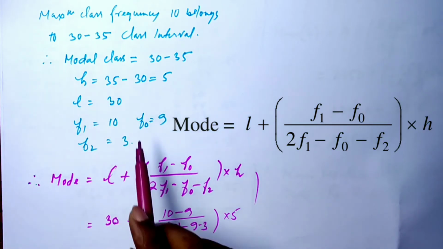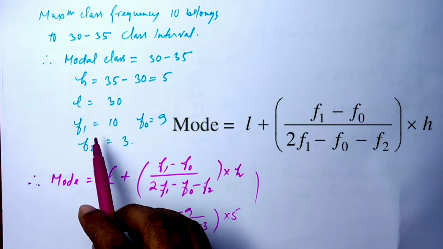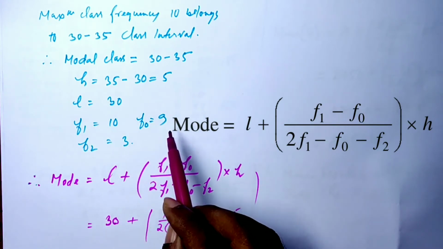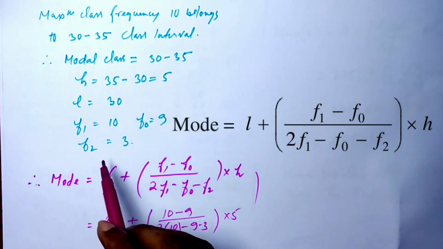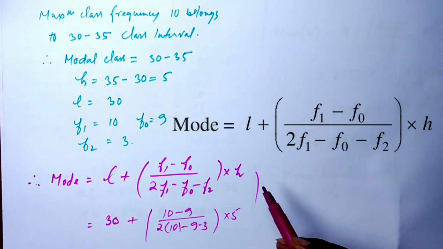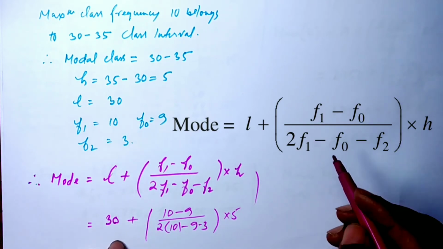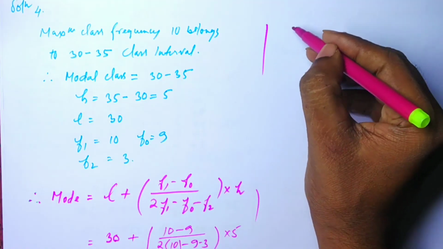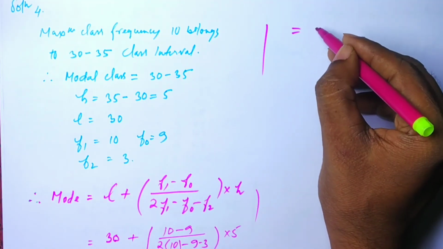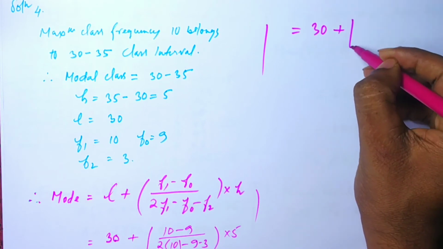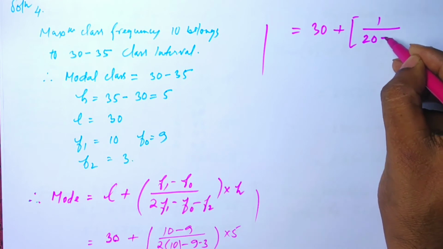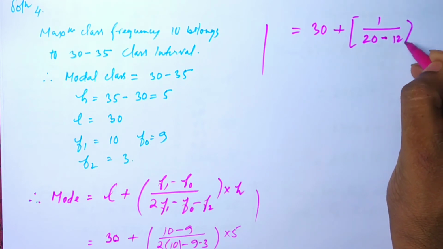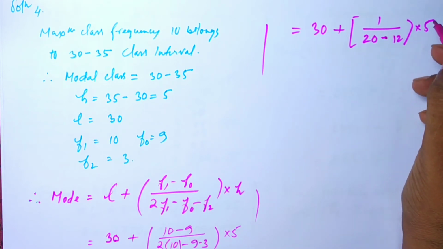L is 30 and F1 is 10, F0 is 9. So 2 into F1 is 2 into 10 minus F0 9 minus F2 which is 3, into h value which is 5. So we calculate it here and get the value as plus 1, 10 minus 9 is 1. There 20 minus 12 into 5.